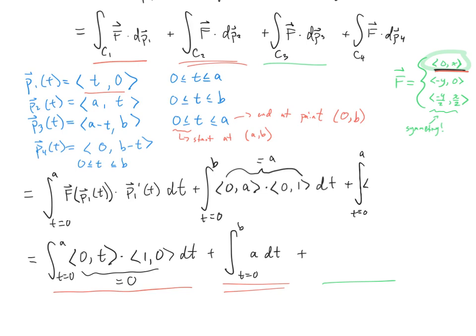F is 0 comma whatever the x component of P3 is. The x component of P3 is a minus t. P3's derivative, only that minus t matters. So I'm going to get a minus 1, comma 0. And oh, look, that's another dot product which equals 0, dt. So I'm going to get nothing from that integral.